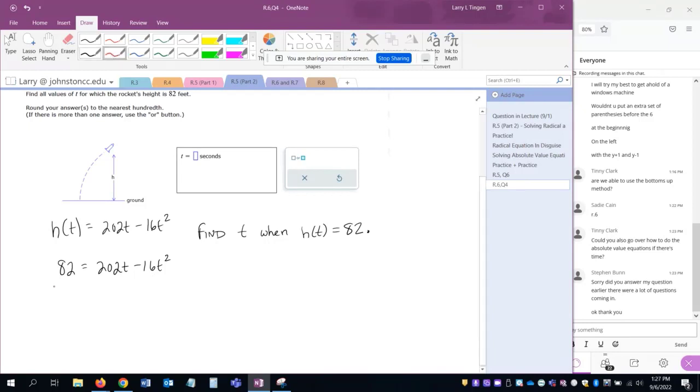It means subtract 82. No like terms on either side. Nothing to add or subtract left or right. So I have 0 is equal to, I am going to write this in descending order, negative 16t squared plus 202t minus 82.